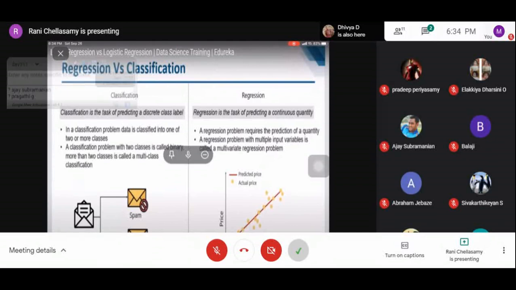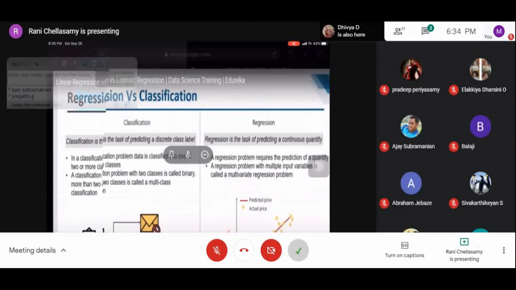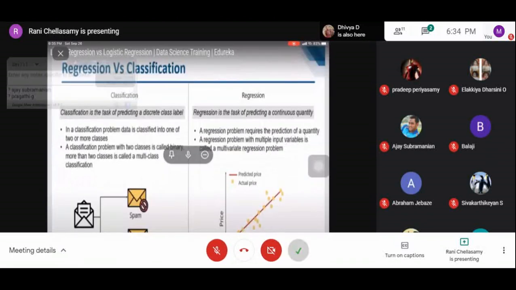Here the dependent variable is the stock price and the independent variable is the time. The price of the stock varies over a period of time, because it depends on the time. So the price is called the dependent variable.